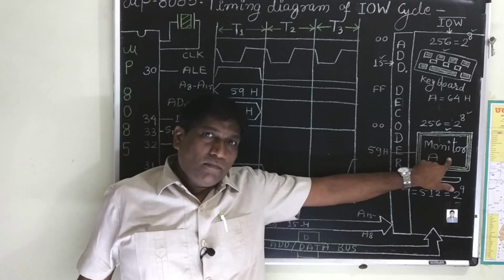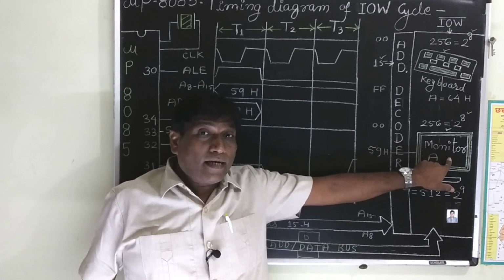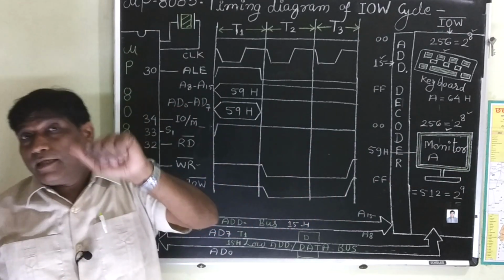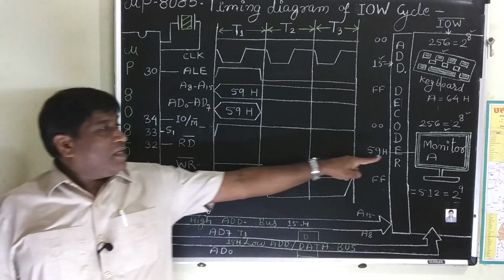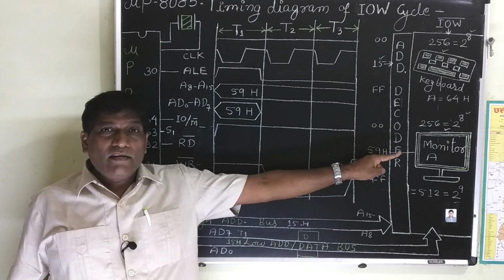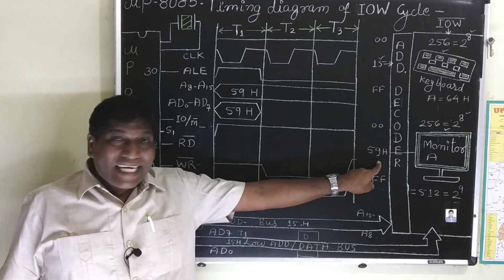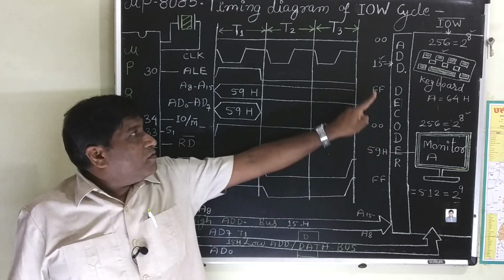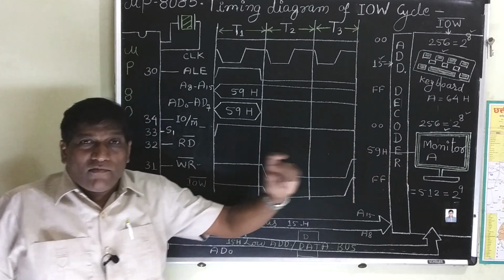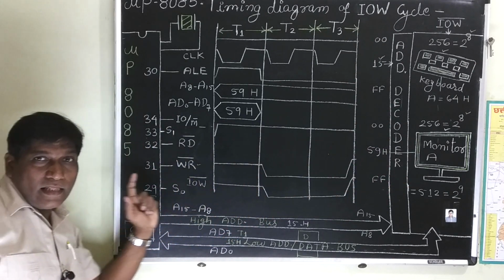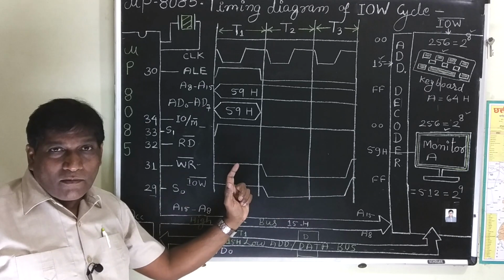It will enable the monitor at what time? At T2 and T3. This monitor, which is at address 59H, will be activated during T2 and T3 timing, whenever a control signal is generated by the microprocessor.